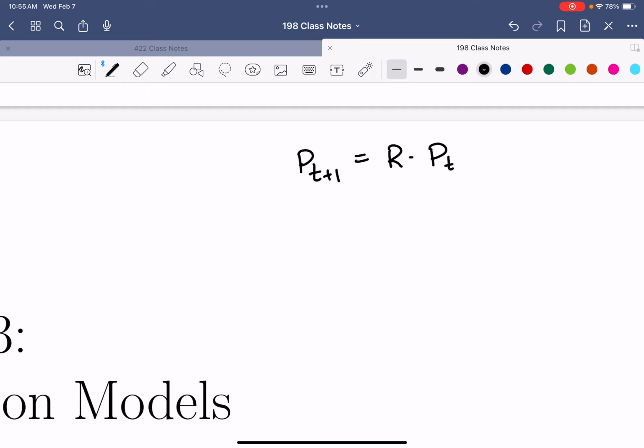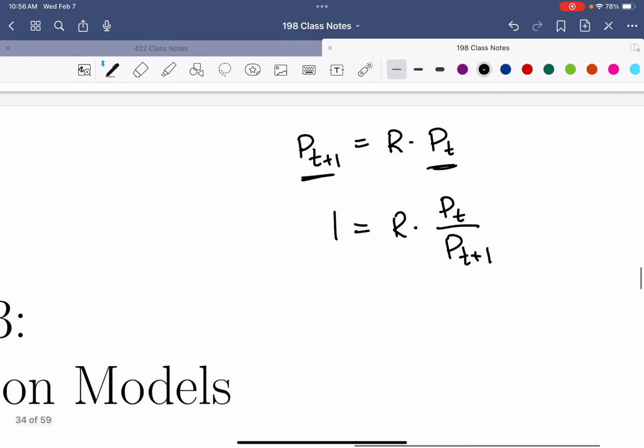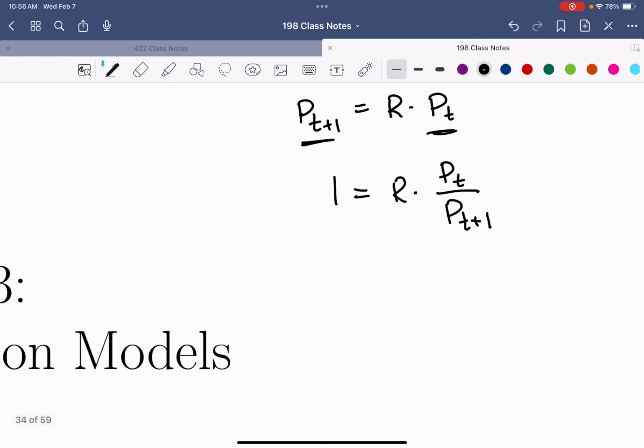If we solve this for what we call the parent to offspring ratio, the parent generation is the previous generation, the offspring is the next one. So parent to offspring ratio means I want P_t over P_{t+1}. I can do that by dividing both sides by P_t, so we have 1 equals R times P_t over P_{t+1}. Then to get that ratio by itself, we divide both sides by R. So I get 1 over R equals P_t over P_{t+1}.